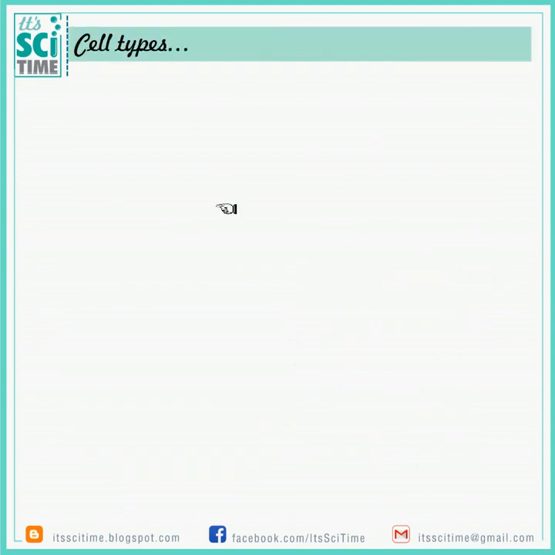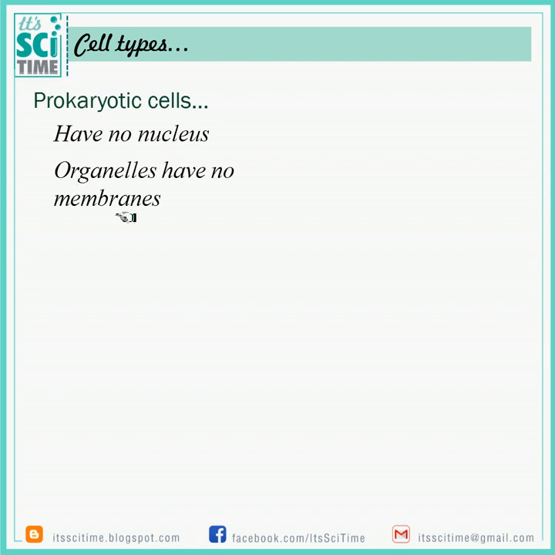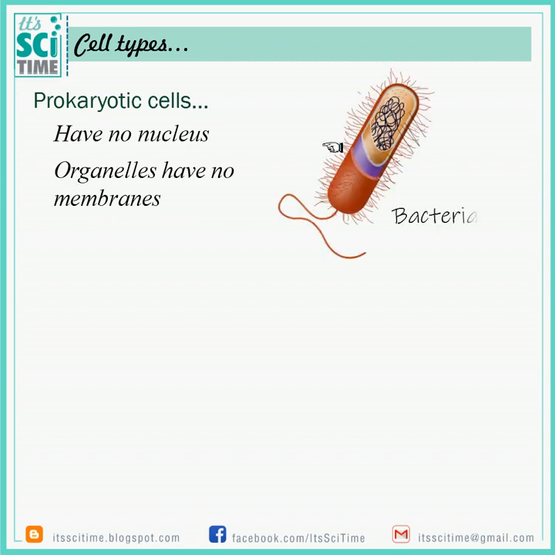Next, the cell types. Cells can be of two main types actually: prokaryotic cells and eukaryotic cells. Prokaryotic cells have no nucleus, they are very simple, and their organelles have no membranes, just like bacteria cells. They don't have a nucleus, but the cell is controlled by a single DNA.